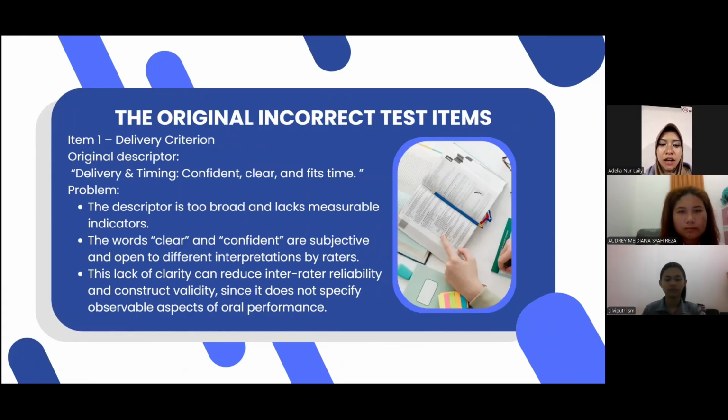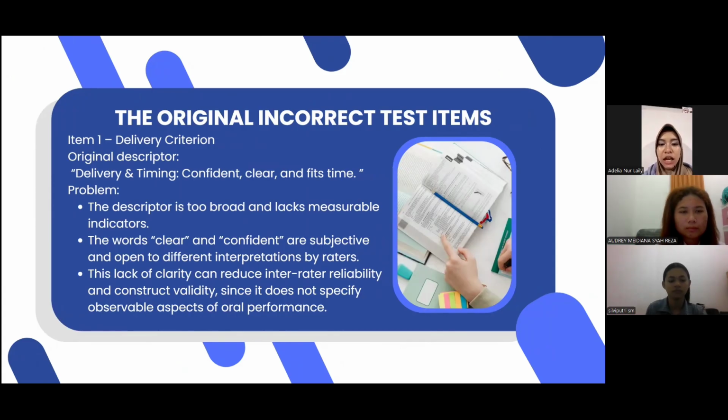Okay, the original incorrect test items. There are two items we analyze. Item one is about the delivery criterion. The original descriptor is: delivery and timing, confident, clear, and fits time. The problems are, first, the descriptor is too broad and lacks measurable indicators.